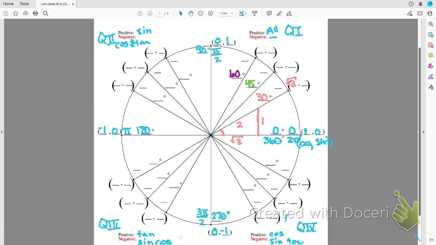No zeros. 2. We're off the axis. There's no zeros. Okay? So if I ask you the sine, sine is opposite or the y. Yes? And what's the y? 1. And the radius is 2.